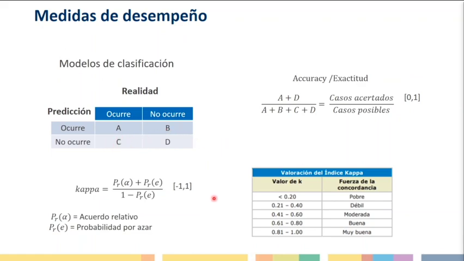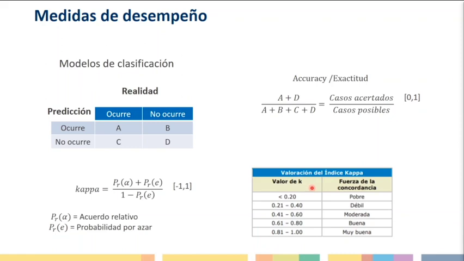So for this, there's an indicator that has less bias, called the kappa index, which is based on the possibility that the occurrences in each of these boxes are due to randomness compared to a real quality of the model. The kappa index goes from -1 to 1, and it's better the closer it is to 1.